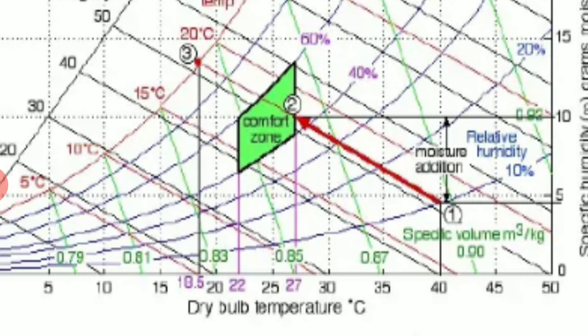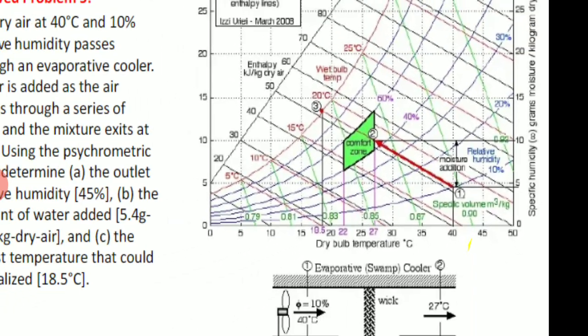From point 1, move parallel to the wet bulb temperature, and where these two lines meet, mark it in red color as point 2. From that we have to obtain the parameters.